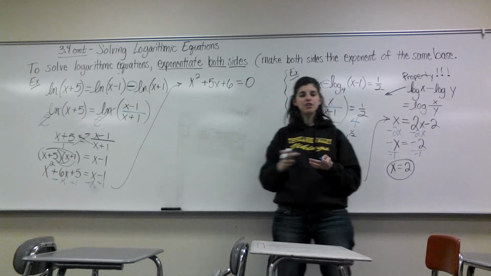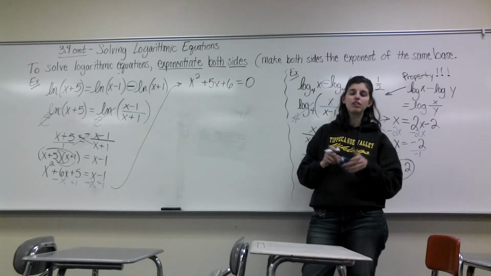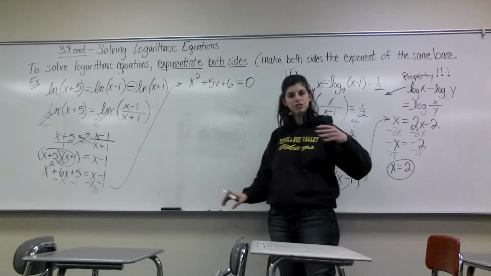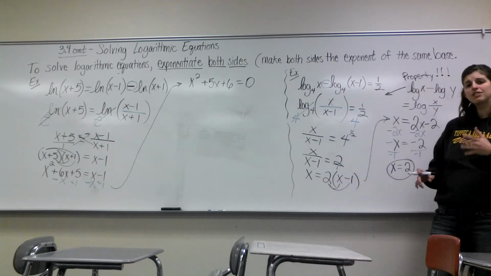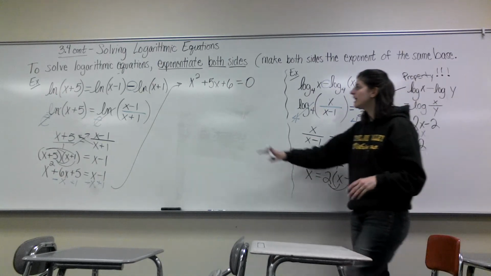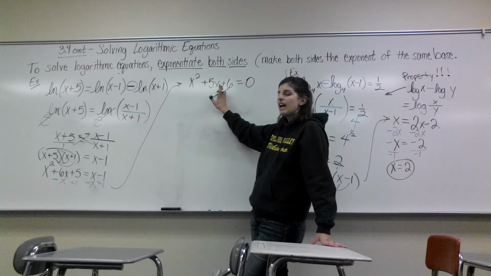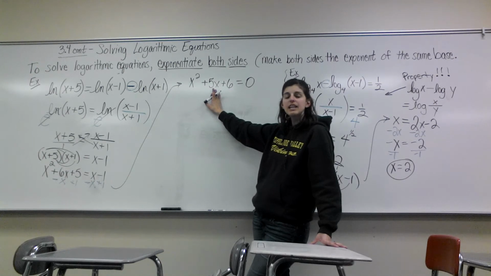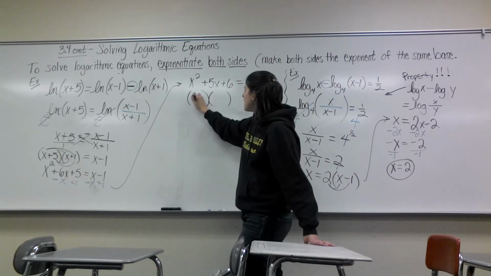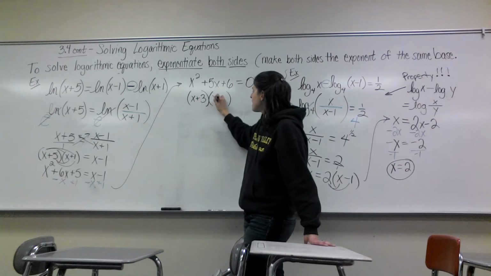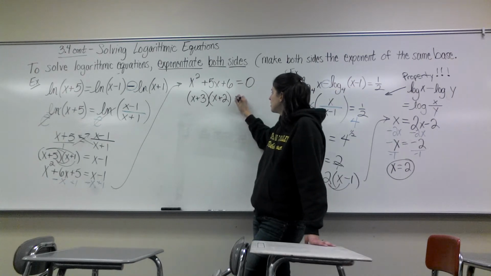Now, ask yourself if this factors. If you're good at factoring or if you choose to factor, some problems will be faster and easier by factoring. Okay, so are there any factors of 6 that add to be 5? This is the easiest way to do this problem because 3 and 2 multiply to be 6 but add to be 5. So this thing actually can factor to be x plus 3 times x plus 2.